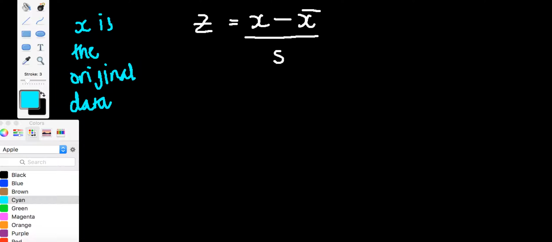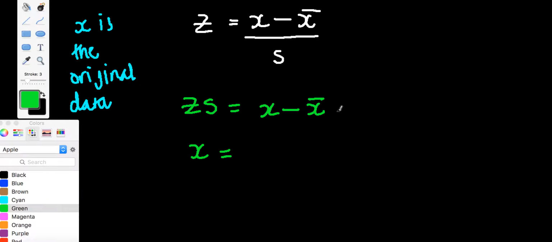We call it a score sometimes as well. What I'm going to do now is rearrange this so I can get x as the subject. So my first step is going to be to multiply both sides by the standard deviation S, and finally to get x the subject I'm going to add the mean to both sides.